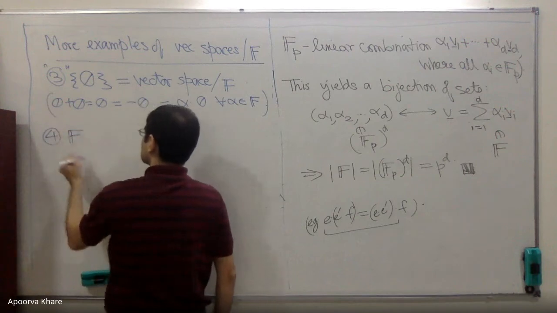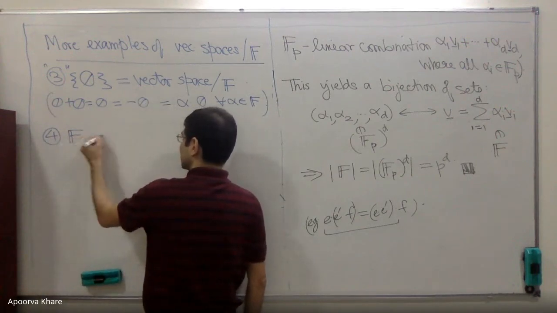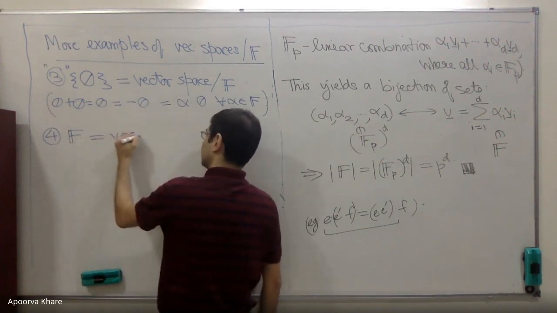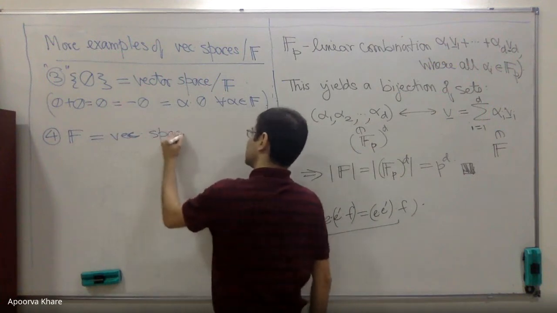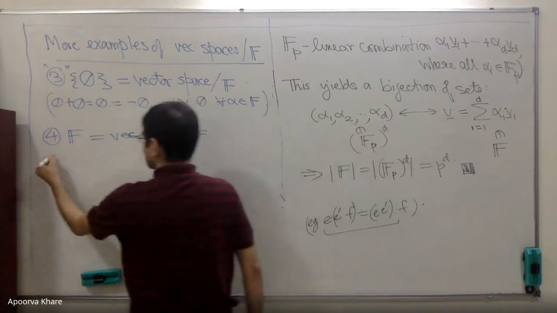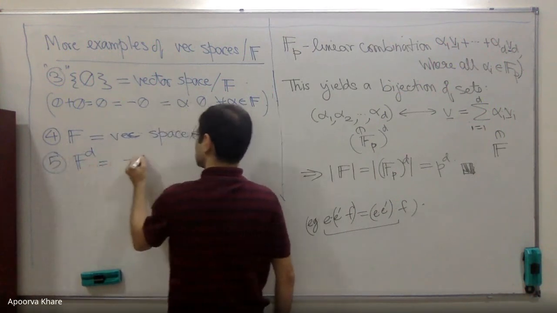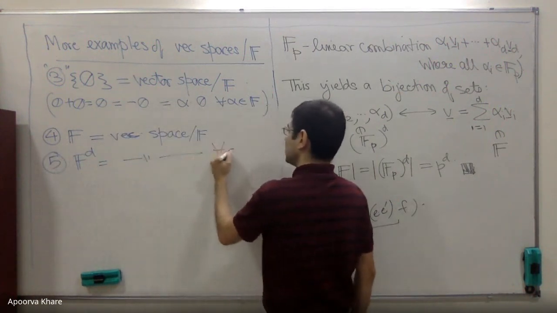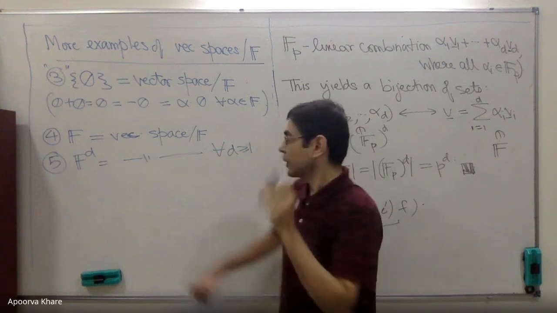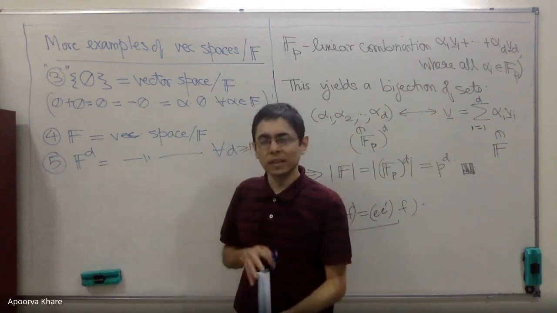Similarly, as we saw last time, F itself is a vector space. More generally, F^d is a vector space over F for all d greater than or equal to 1. The operations on this are exactly what we said last time.